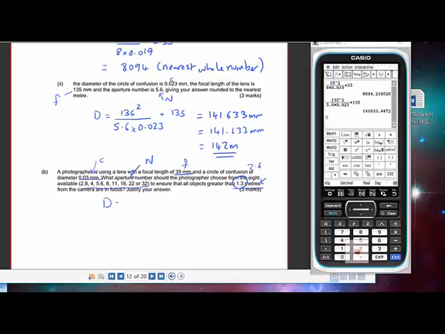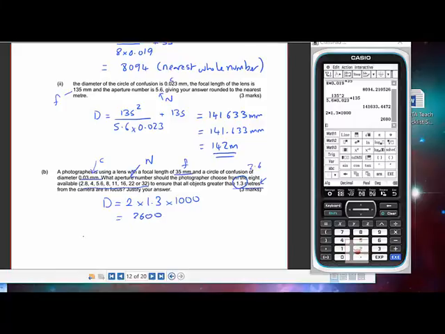So our value of D is going to be 2 times 1.3, that's in meters, and multiplied by 1,000 to put that into millimeters. So we've got 2 multiplied by 1.3 multiplied by 1,000 gives us 2,600.